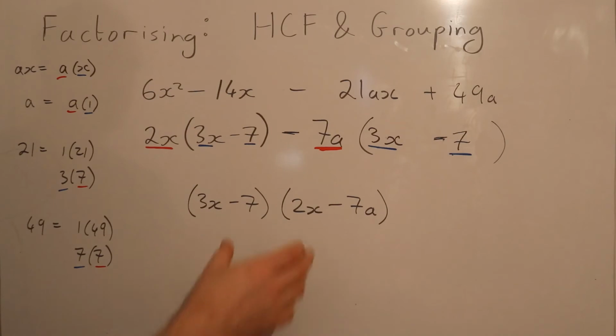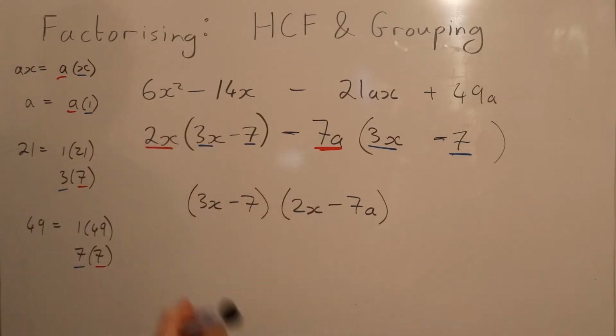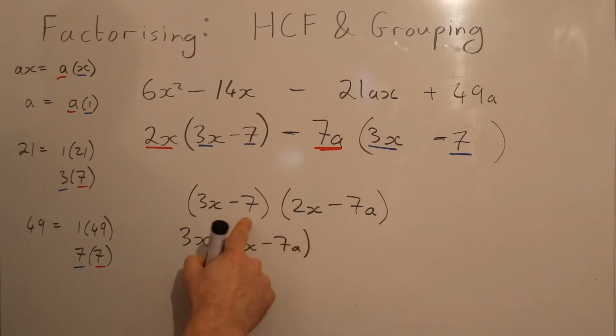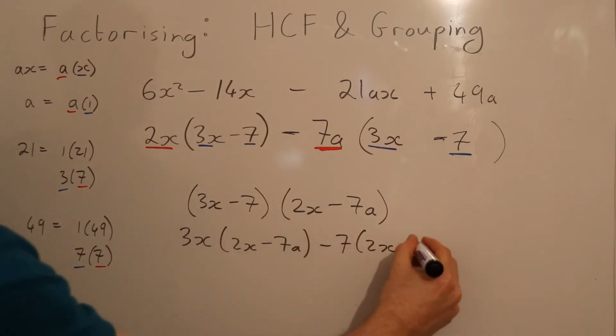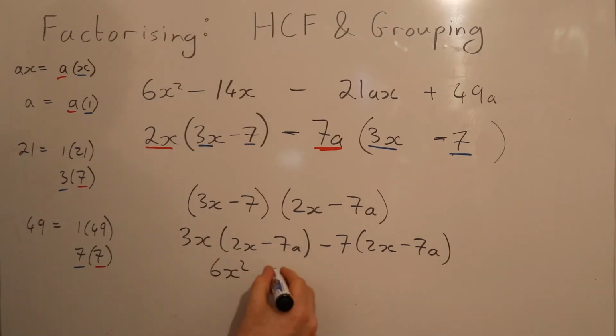If we want to check our answer, we need to multiply those out again, and we should get back what we started with. Let's do it. 3x has to multiply both terms. The minus 7 also has to multiply both terms. 3x by 2x, 6x squared. 3x by this, minus 21xa.